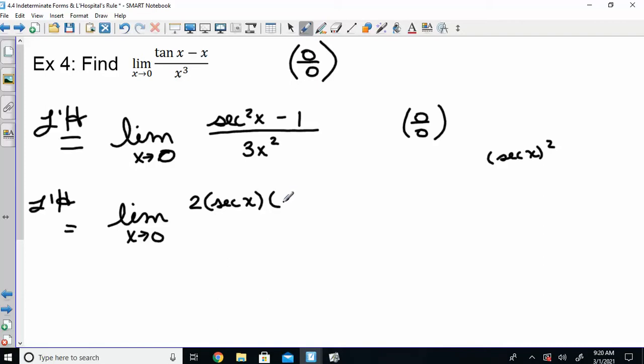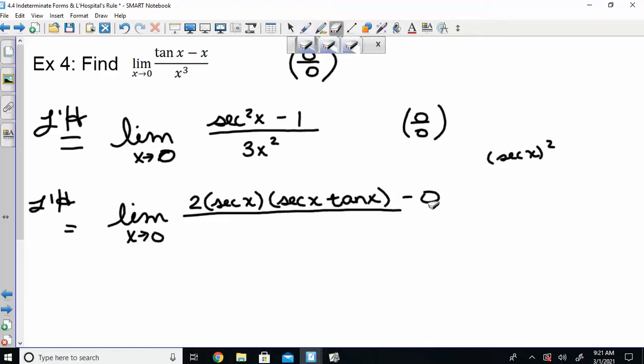What's the derivative of secant? Secant tangent, yep. I couldn't resist putting one ugly one in here and seeing how much we remembered about all of our derivatives. Over, minus the derivative of 1 is just 0, so you could leave that part off. Over derivative of 3x squared.